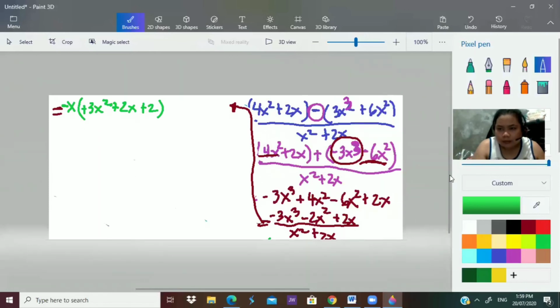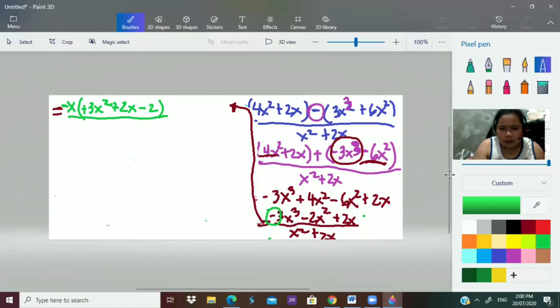Tapos, si 2 will turn out into negative 2. Kasi nilabas natin yung negative, kasi itong first term natin ay negative. So, kung gusto niyo siyang maging positive, ilalabas mo yung negative, madadamay lahat tong kasama niya. Magpapalit lahat ng sign. Kasi nasa iisang expression sila.